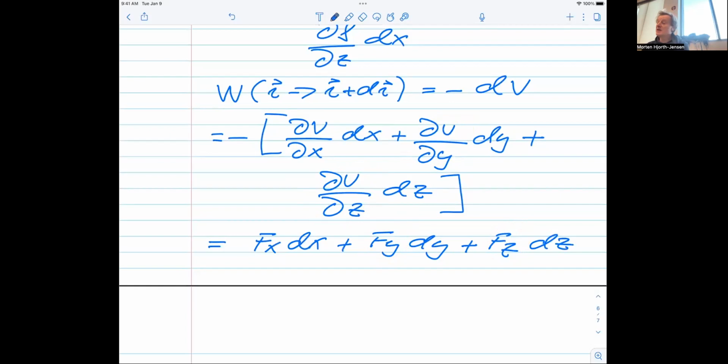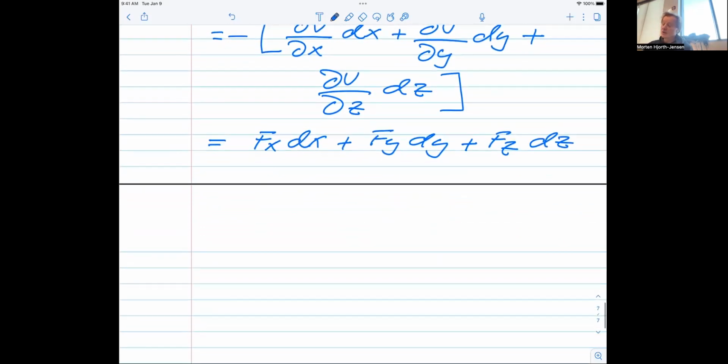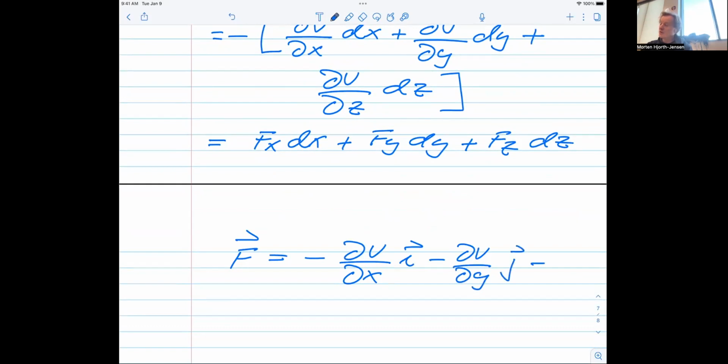And this leads to a very important result, which simply gives us that the force is given by the derivative of the potential. This expression which we are going to get is nothing but the gradient of the potential: minus dV/dx i, minus dV/dy j, minus dV/dz k.